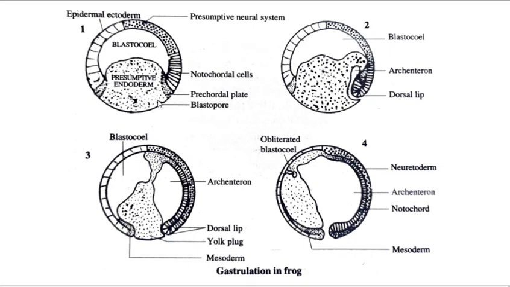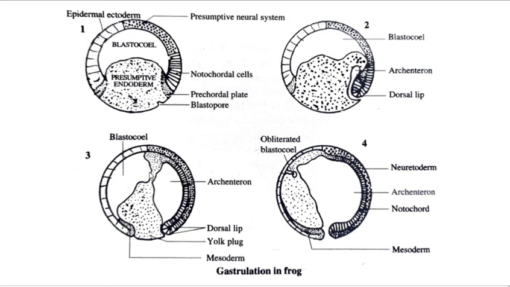So, first was invagination of the endoderm, which formed a cavity called the gastrocele or the archenteron, and the notch which initiated invagination is the blastopore. It is the presumptive endoderm that underwent invagination. Along with that, there was displacement and reduction of the blastocele.